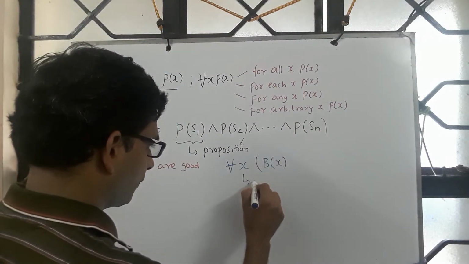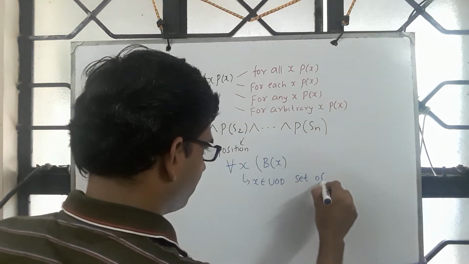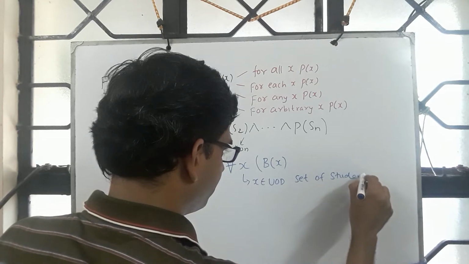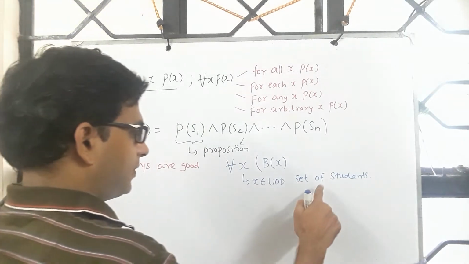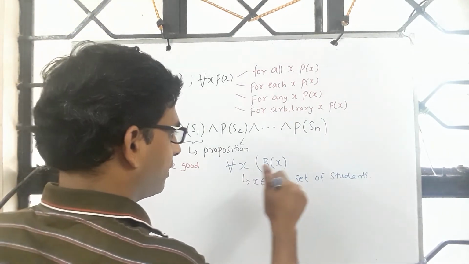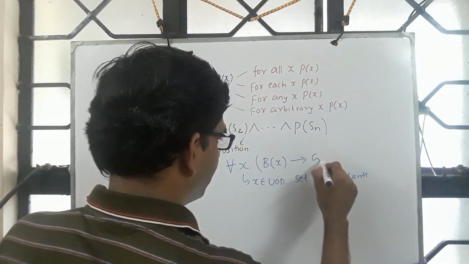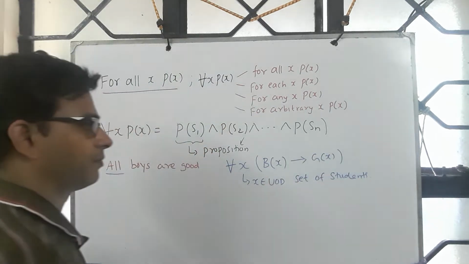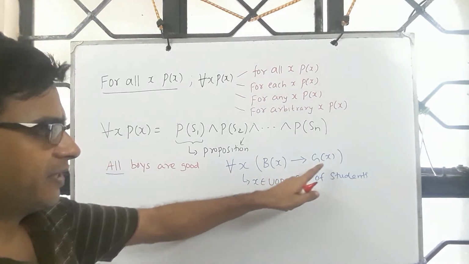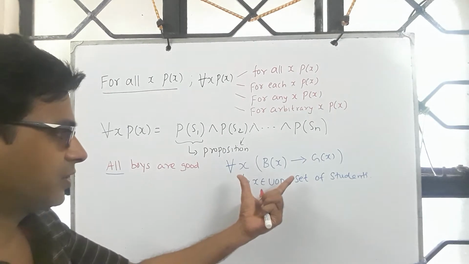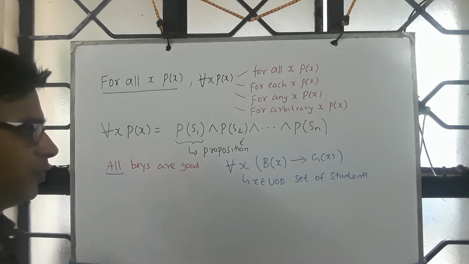X belongs to the UOD, which is the set of students. Now from the set of students you pick an element, and if it turns out that x is a boy, then the statement says x is good. So for each x, x is a boy implies x is good. So here is a first order logic expression capturing the statement all boys are good.